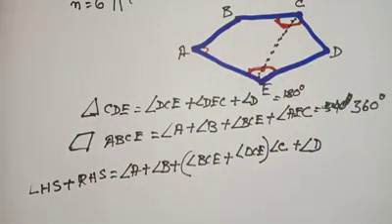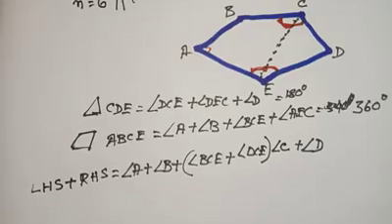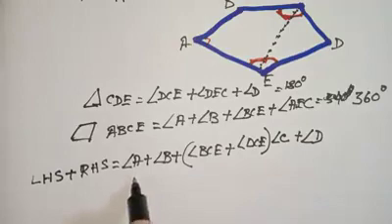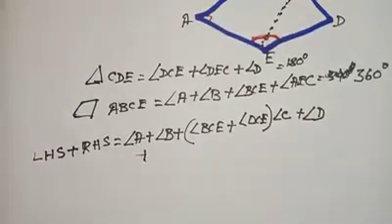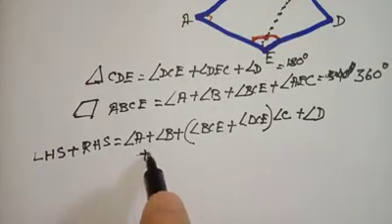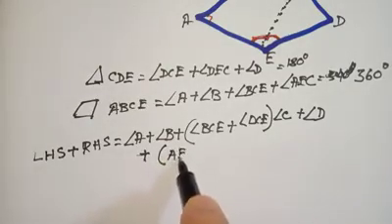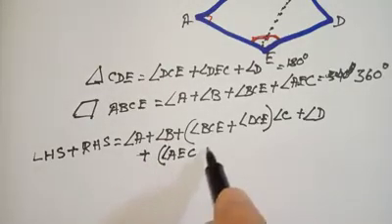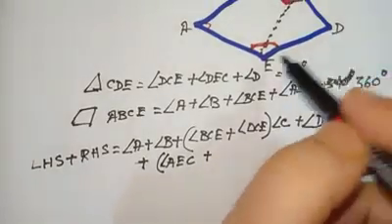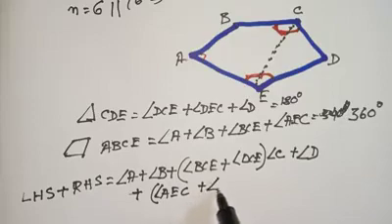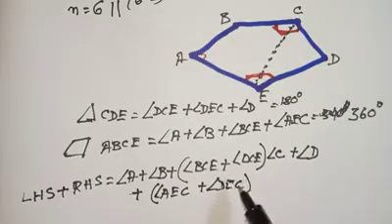So we can write it in this way, plus, this is much clearer. Let me write angle AEC plus angle DEC, right? And this is the angle E.